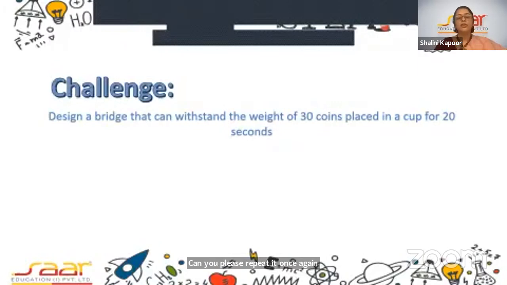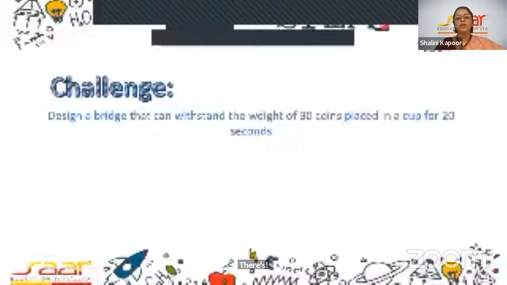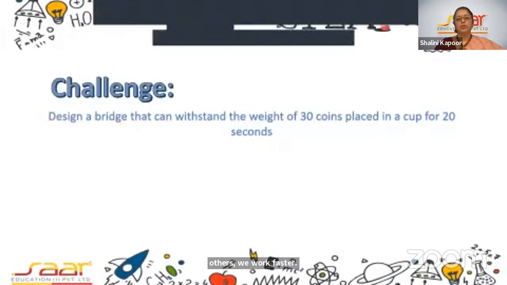The challenge for us today is that we need to design a bridge which can withstand the weight of 30 coins placed in a cup for 20 seconds. So you have the material, the ice cream sticks or the straws, you have the sellotape and the scissors. You need to design a bridge which will hold the coins in a cup on it for 20 seconds at least. That's the challenge for you. And since we are adults, we work faster. So 5 minutes to create your bridge. I hope that is clear.